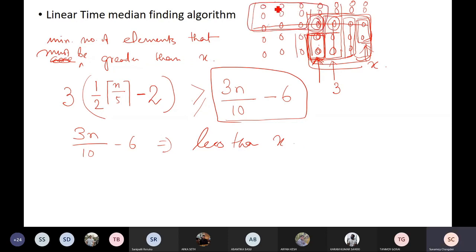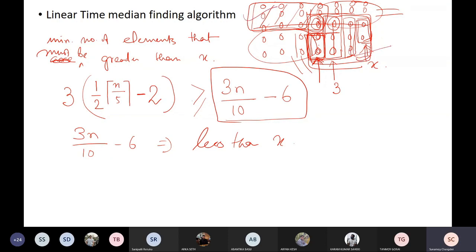These groups contain the elements which are less than x, and we cannot say anything about the properties of these other groups, but we can say the property of these elements.